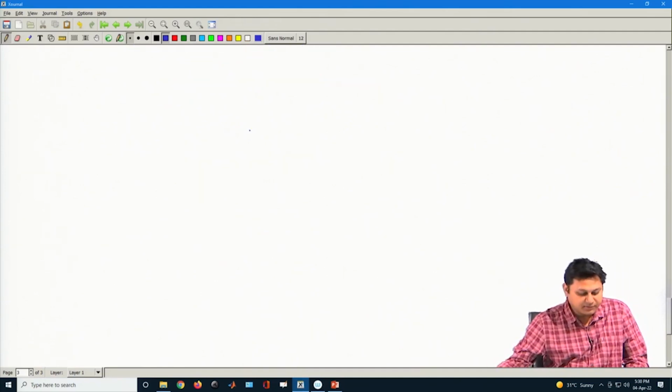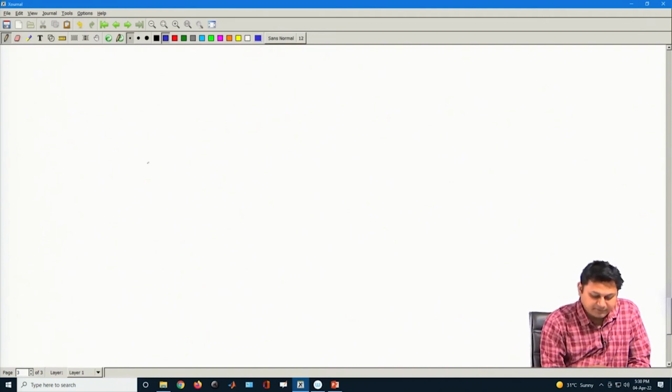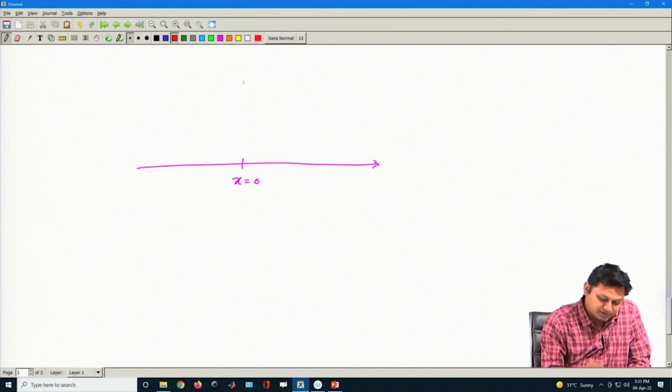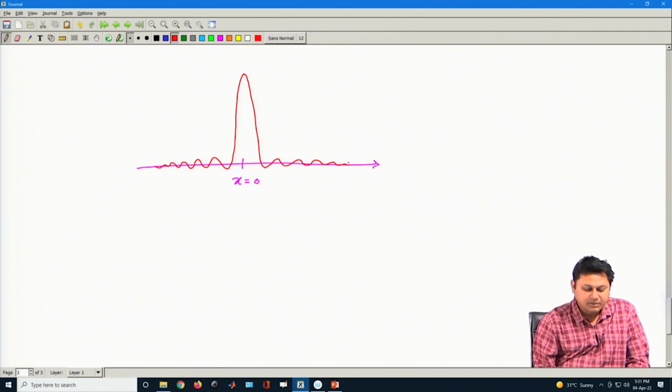We know how the sinc function evolves, and again if I draw this sinc function, typically if this is x equal to 0, the sinc function is this. This is roughly the figure. Here we have a peak.